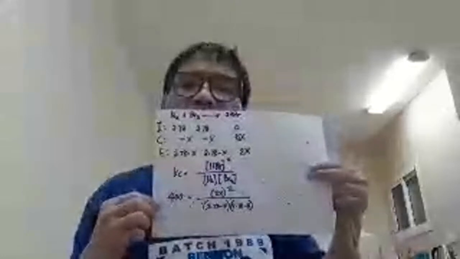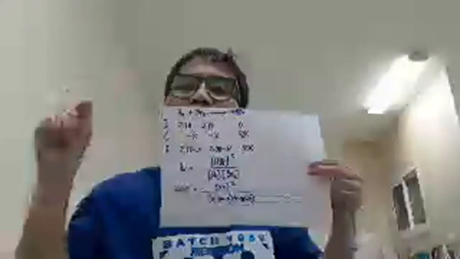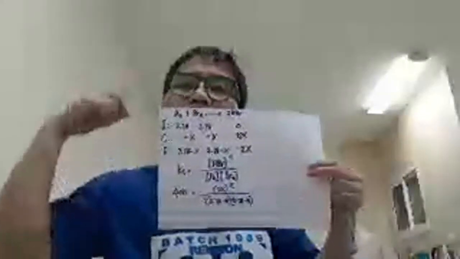But if there are still things to be simplified, simplify them so that it will not become complicated somewhere along the way of your calculation. So in here, 2.78 minus x is the same for H2 and I2, so we put that as 2.78 minus x raised to the power 2. It's just the same.